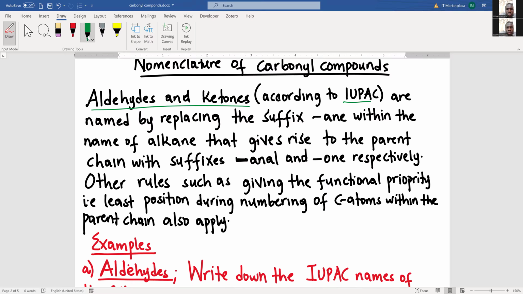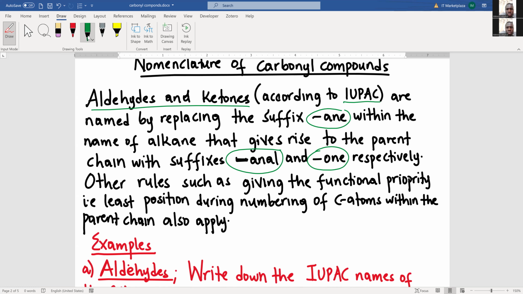According to the International Union of Pure and Applied Chemistry, they are named by replacing the suffix -ane in the alkane that gives rise to the parent chain. We replace that suffix with this suffix, or that, depending on whether I am naming an aldehyde or a ketone.